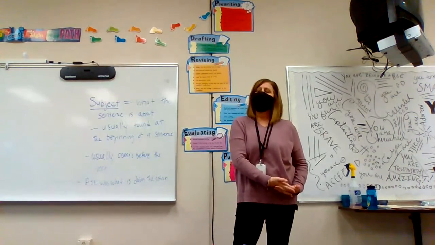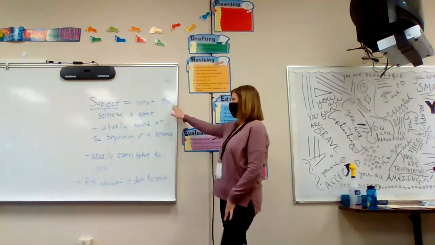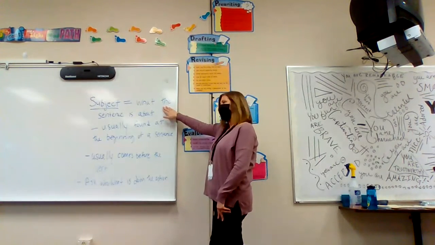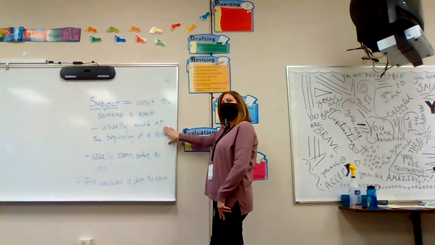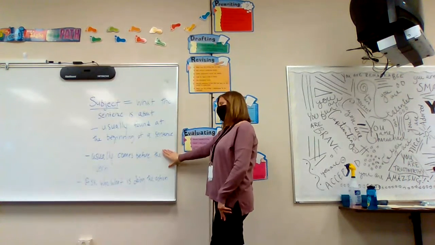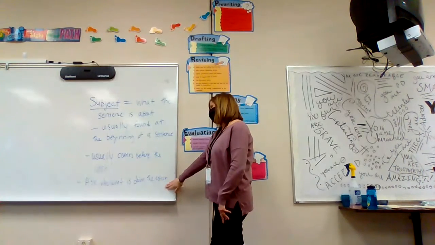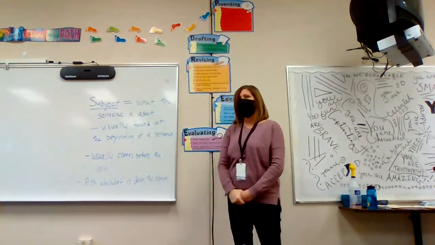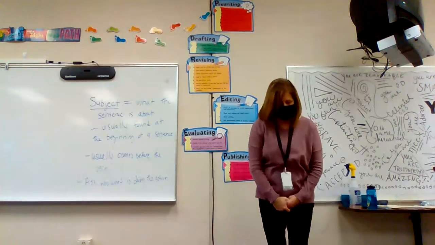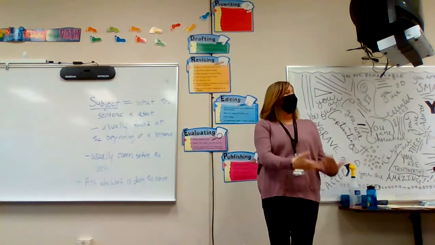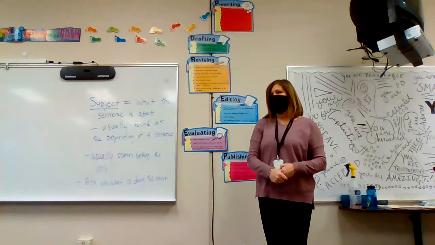The subject is what the sentence is about, usually found at the beginning, usually comes before the verb. A woman. It's asking who or what is doing the action. Woman, yep, because the woman bought the Hope Diamond. So woman is the subject of the sentence, okay?